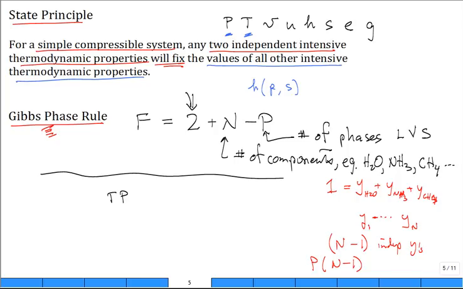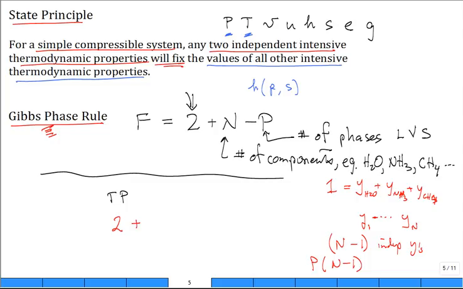If I have liquid and vapor, P will be 2. I need to have that many descriptions. Okay? All right. And so you have the 2 for the temperature and pressure.